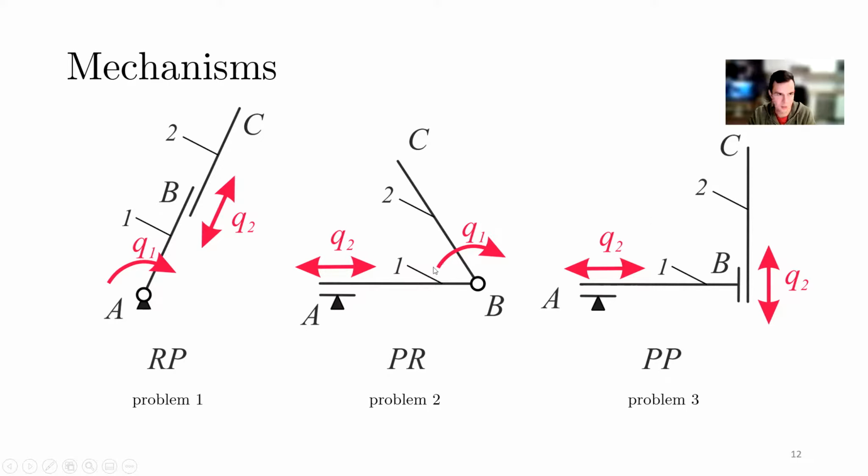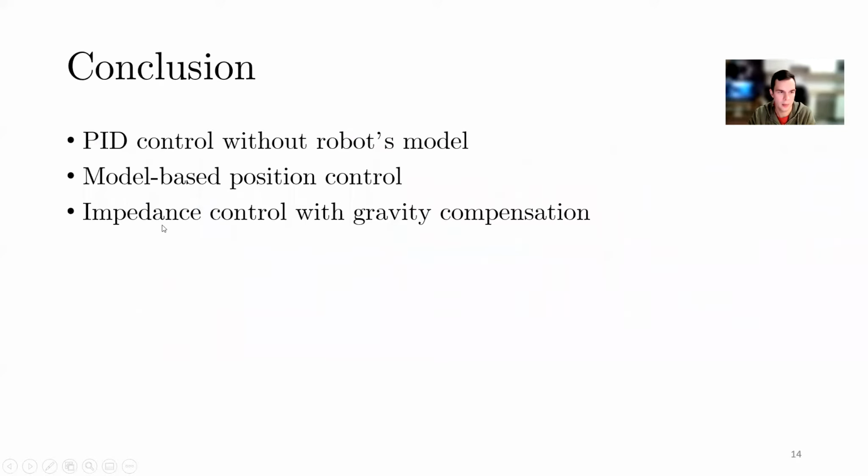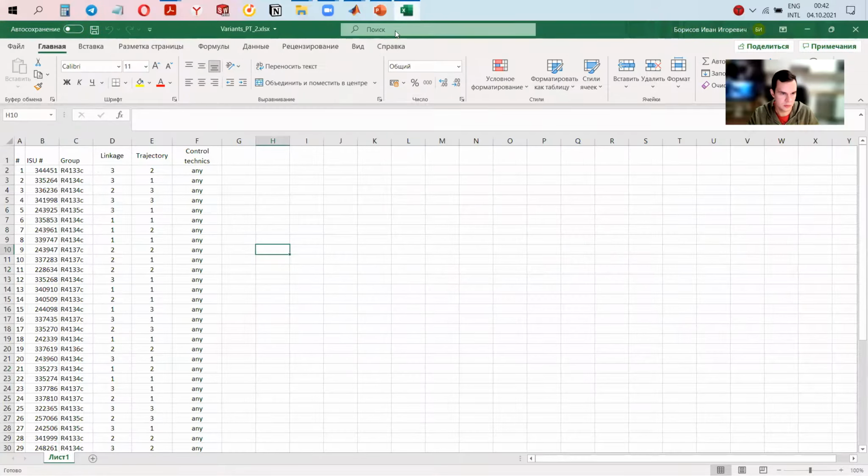So there are three mechanisms, and here you can see three types of trajectories that need to be followed, or any other that you consider more complex than this. Let's dive into the individual task.